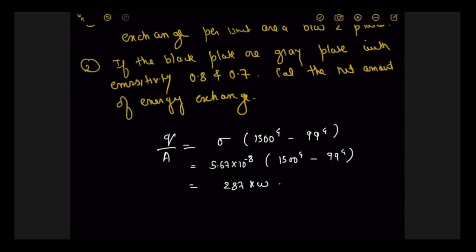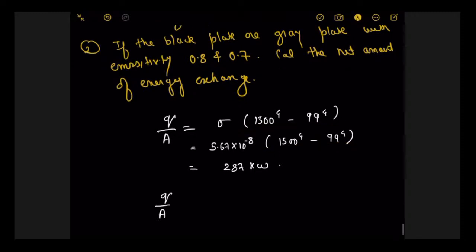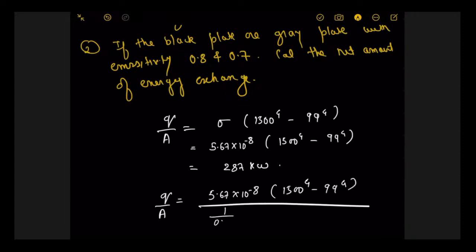Okay. Now solve for the second part. Okay, for the second part, if you solve, it will be 5.67 into 10 to the power minus 8, 1500 to the power 4 minus 99 to the power 4, upon 1 upon 0.8 plus 1 upon 0.7 minus 1.